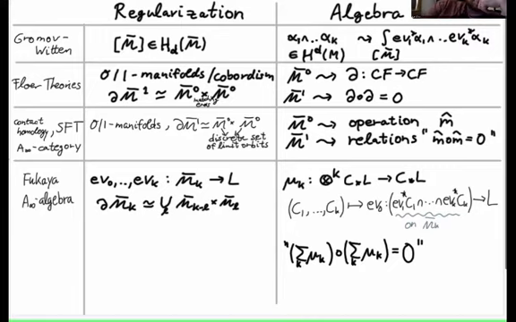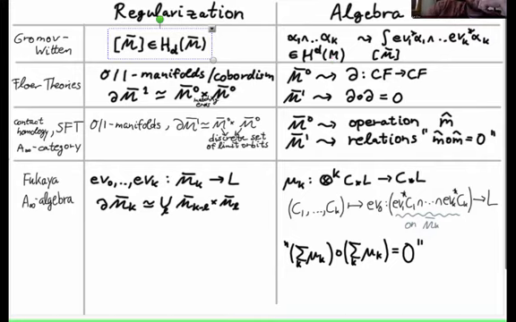Because if we had that, we could then take cohomology classes on my symplectic manifold. So M bar is the moduli space, and M is the symplectic manifold.